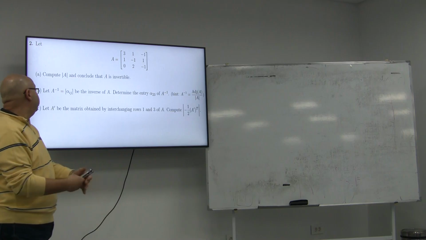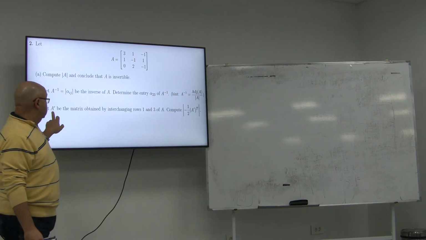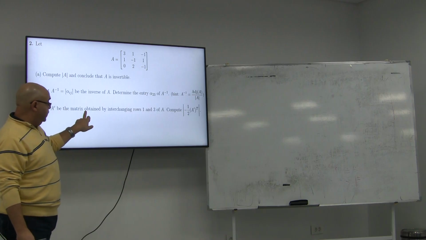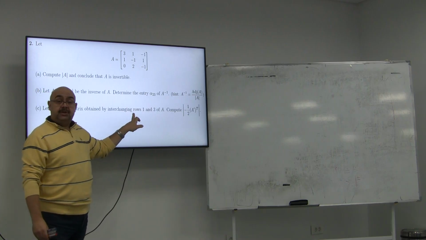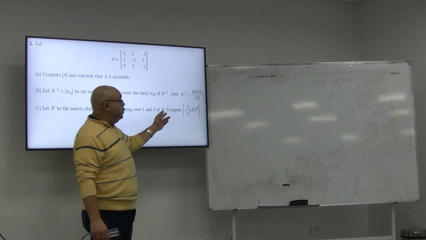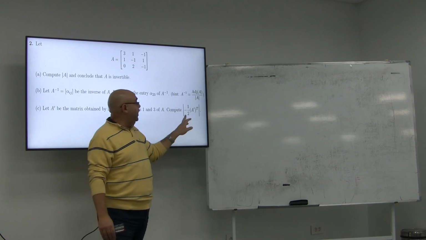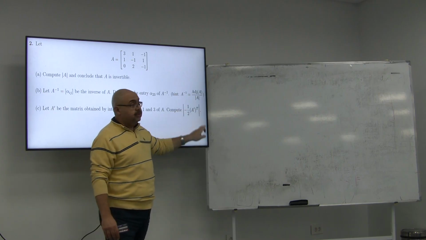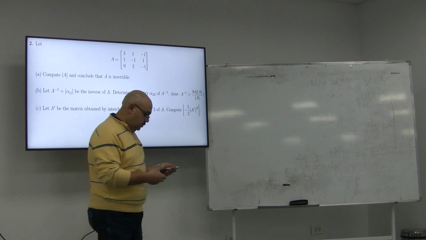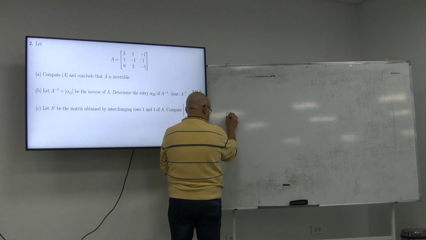Okay, continue. Let A dash be the matrix obtained by changing rows 1 and 3, right? Compute negative half the determinant of negative half A dash transpose. What do you suggest? First, we know that when we change rows in a determinant, we write the opposite sign.